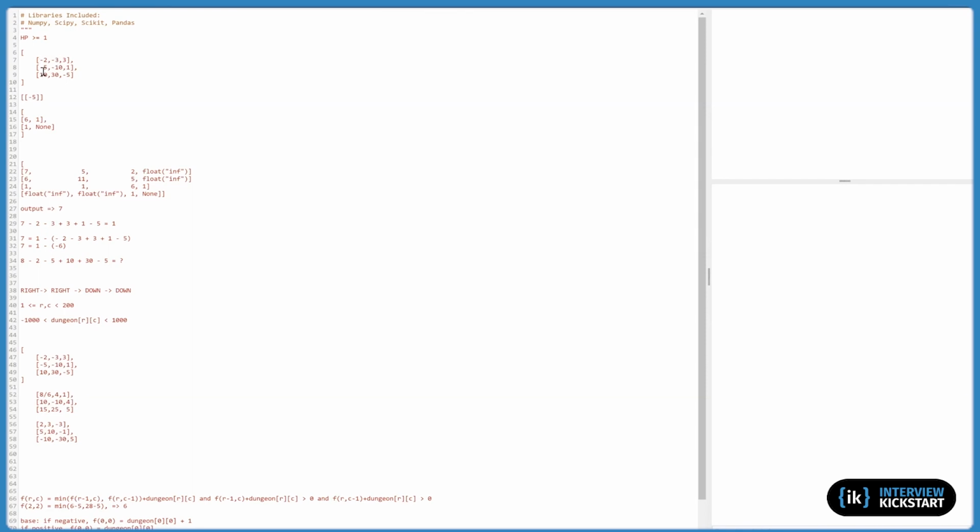We take the minimum of that and then compare that with the above, to the left, to the right of it, or below it. You take the minimum. But what if both of them were extremely positive?